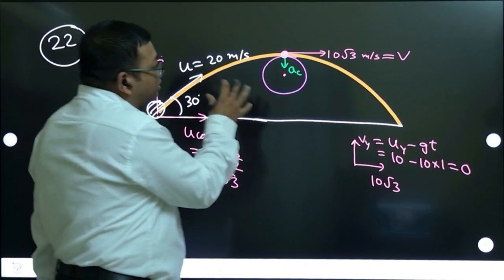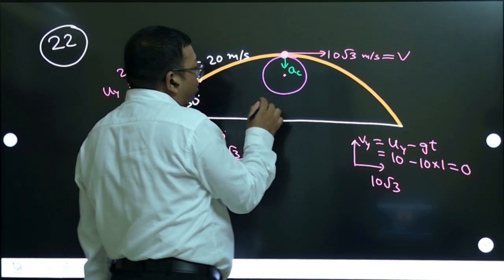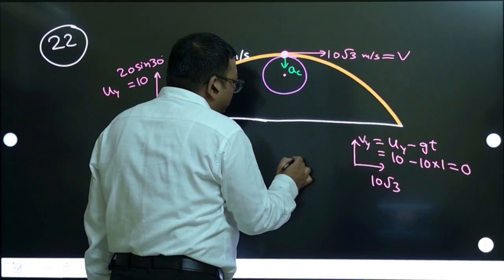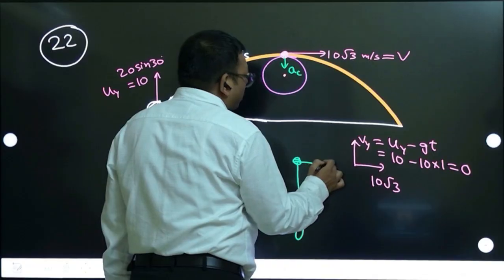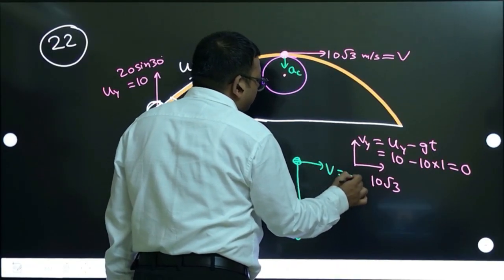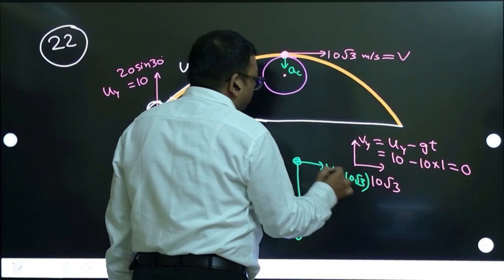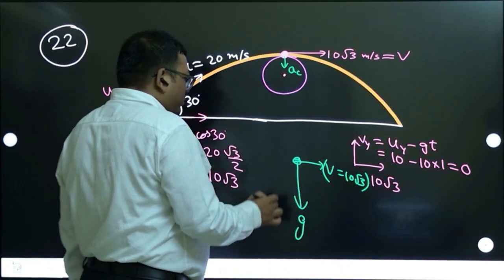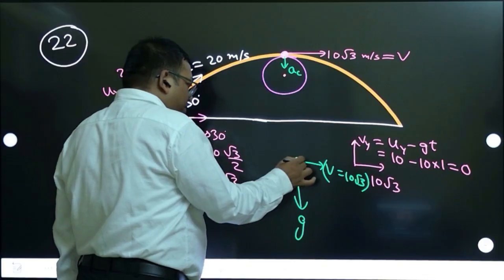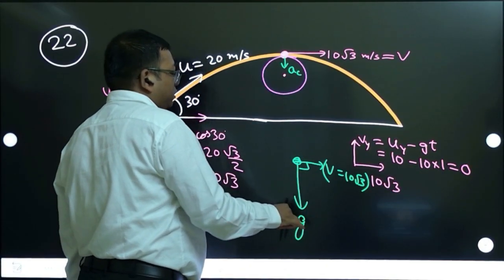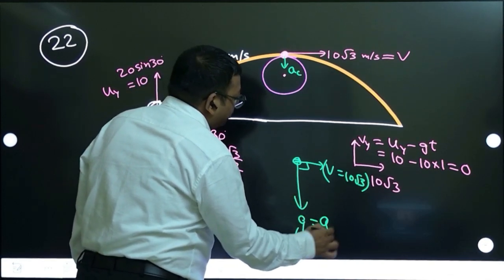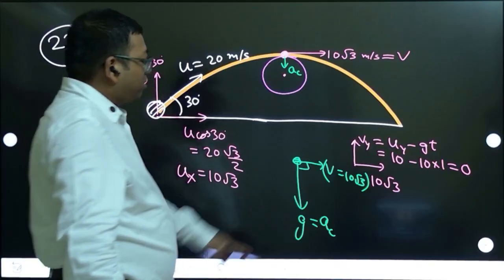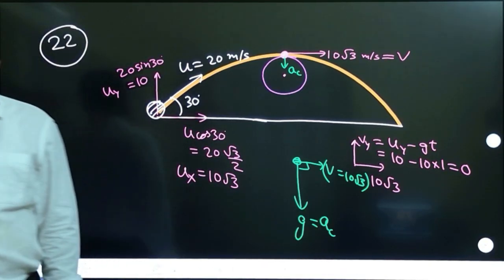Now at this instant, the acceleration due to gravity is acting this way, and this is the velocity which is tan root 3, right? This acceleration which is perpendicular to the velocity is the centripetal acceleration. Now, the answer is 10, right?